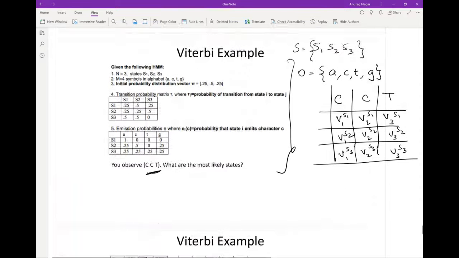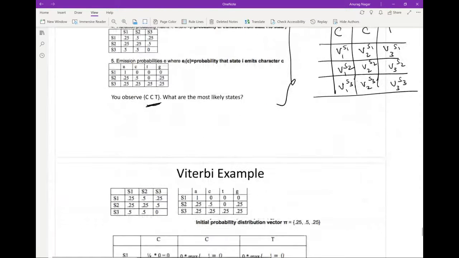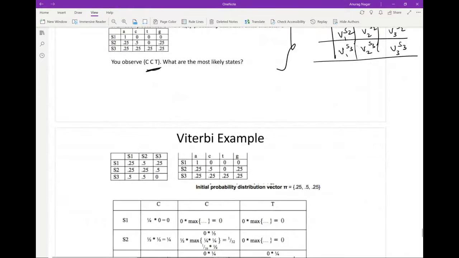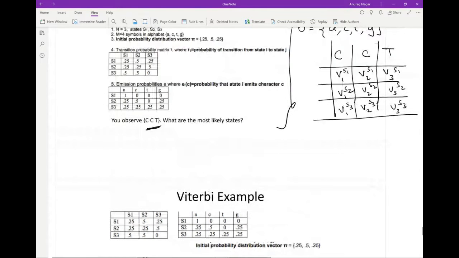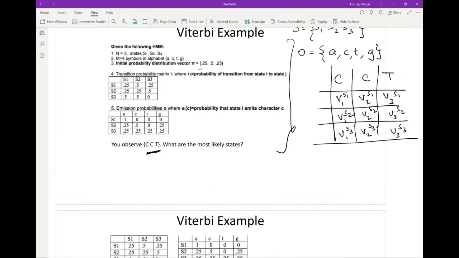Now the way you fill in this table is this. What is V1 S1? That means starting in state S1 and outputting C. The starting probability is given to me as this for S1, S2, S3.